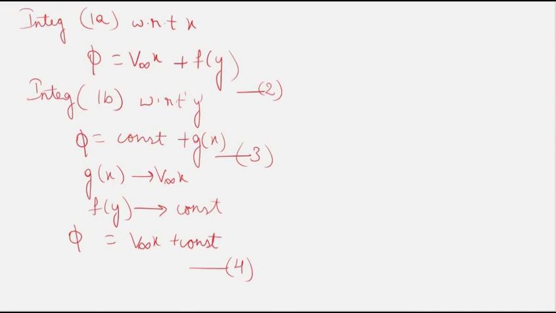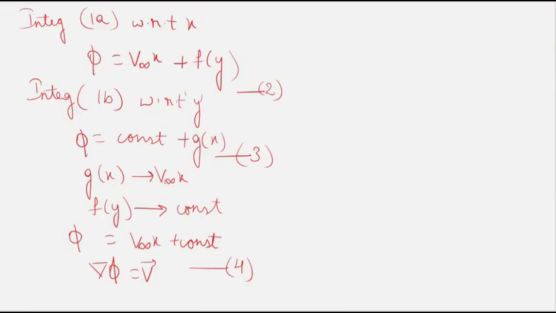Now, after deriving this equation, there is some important point that we have to discuss. If it is a practical aerodynamic problem, the actual value of phi is not significant. Rather, by the differentiation of phi, we will obtain the velocity.